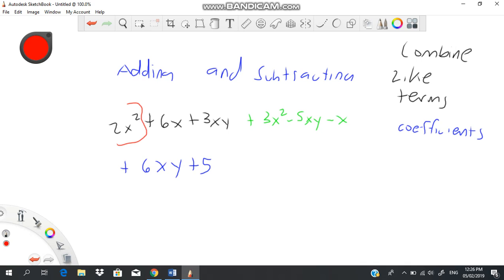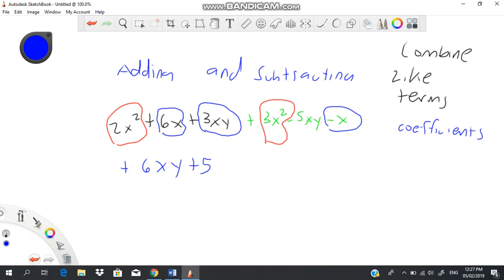So 2x squared. What other term has x squared in its variable? 3x squared. It has a 3, it has x squared. And since there's no more, then we're done finding the like terms for x squared. Now we find the like terms of 6x. Which term has x in it? Only negative x. And you might say, why not 3xy?